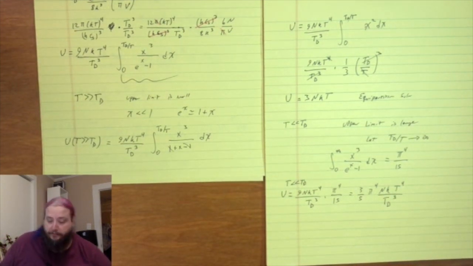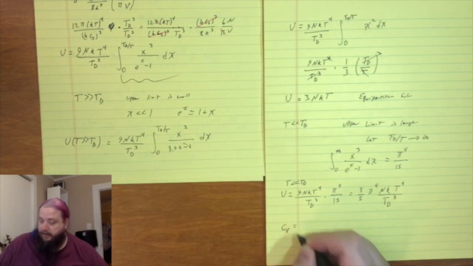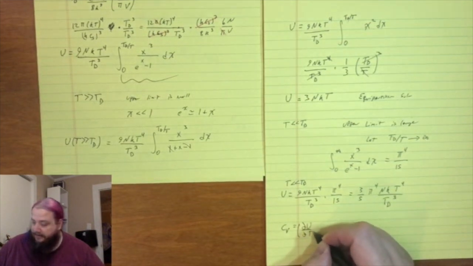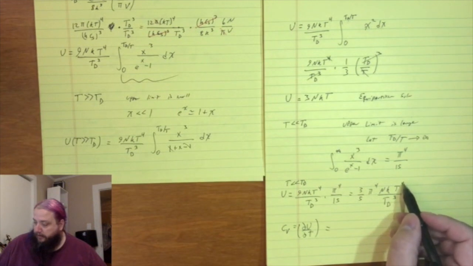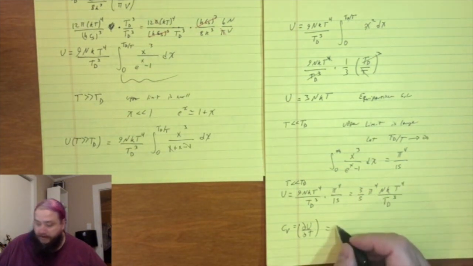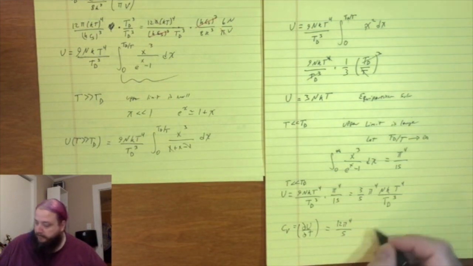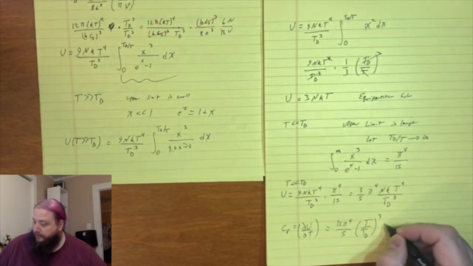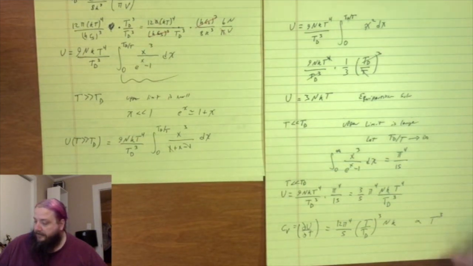And if, for instance, we wanted to calculate the heat capacity for our solid, that's dU/dT. Well, it goes as T to the fourth, so the fourth is going to come down and give us 12 pi to the fourth over 5 times T over Debye temperature cubed times nk, or in other words, proportional to T cubed.